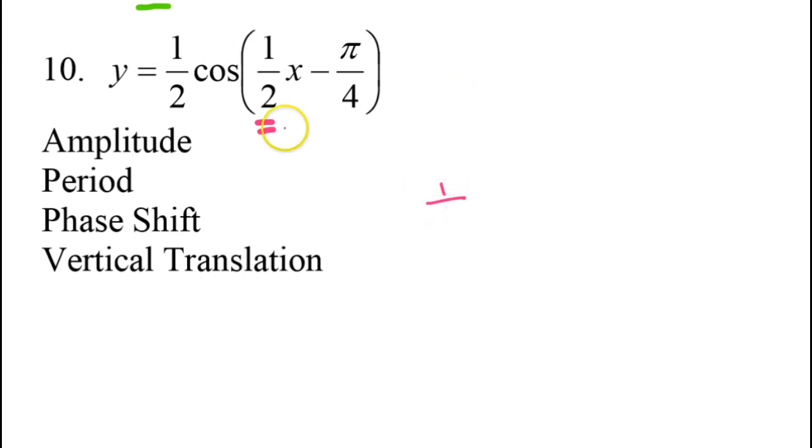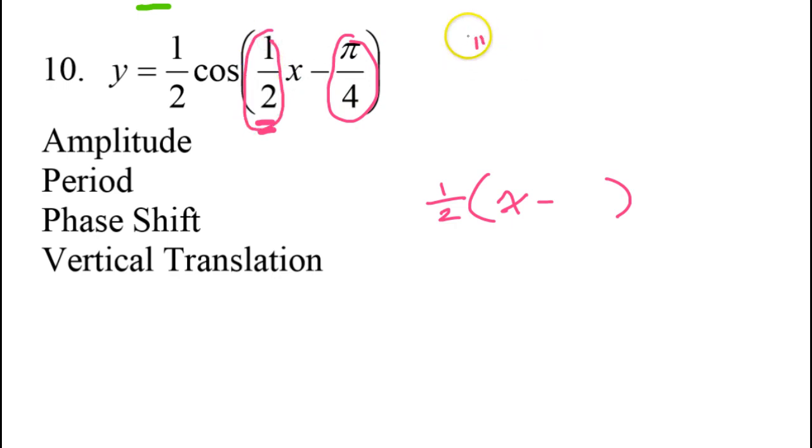All right. So I'm focusing on the 1/2 x minus pi over 4 part. If I put the 1/2 outside of the parentheses, then inside I'm going to have x minus, and to see what that last number is going to be, I need to take the second number and divide it by 1/2.